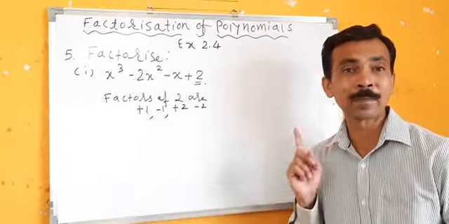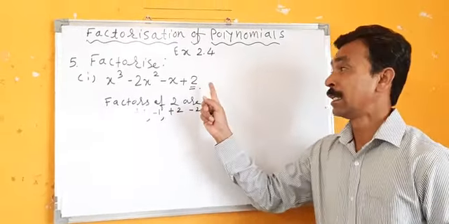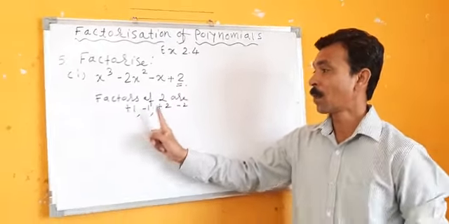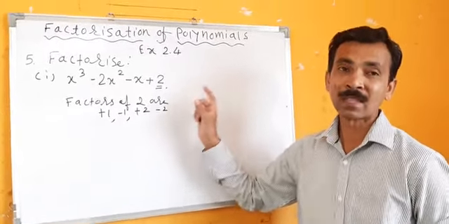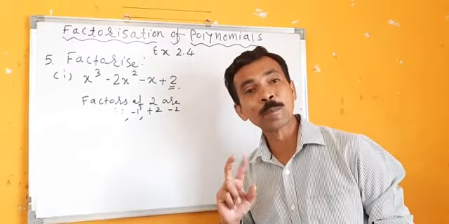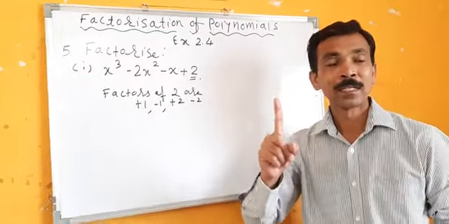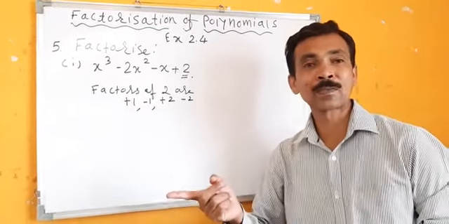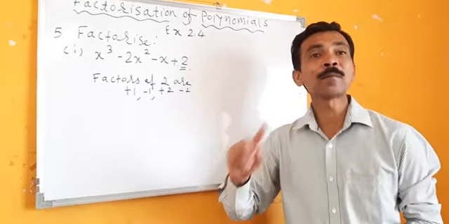So factors of 2 means 2 is divisible by 1, minus 1, 2, minus 2. This is the method. You have to find the factors, both positive as well as negative. If I am taking 1, it should be plus 1 and minus 1. If it is 2, it will be plus 2 and minus 2.